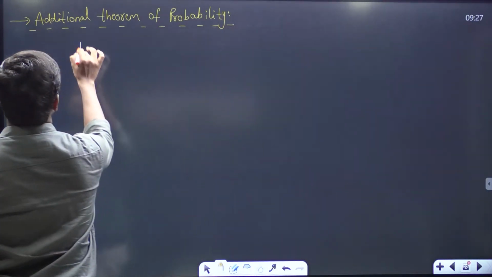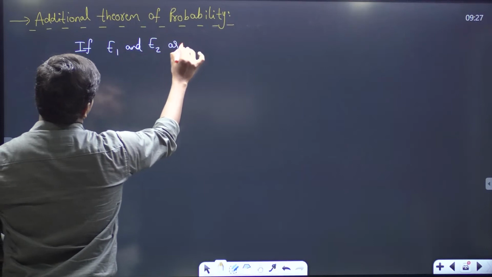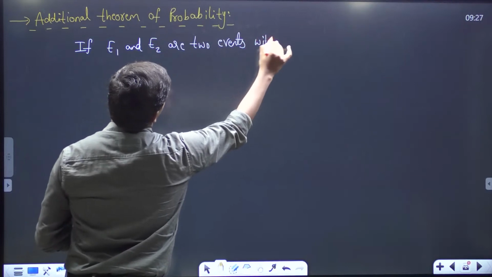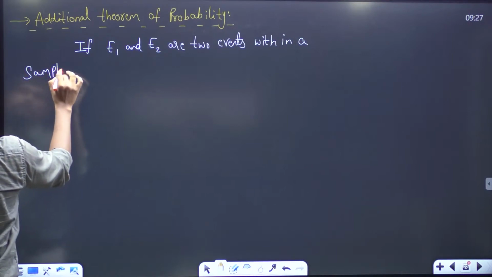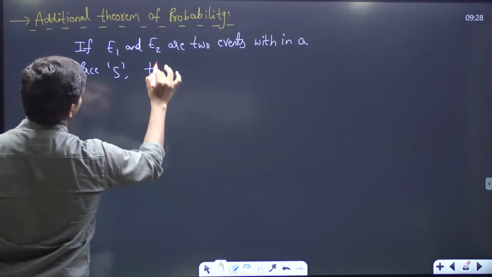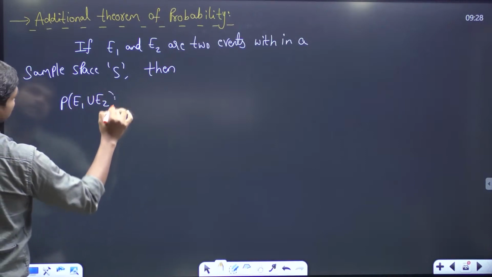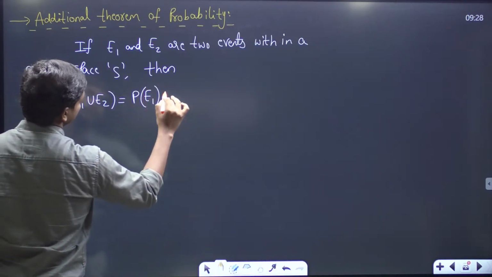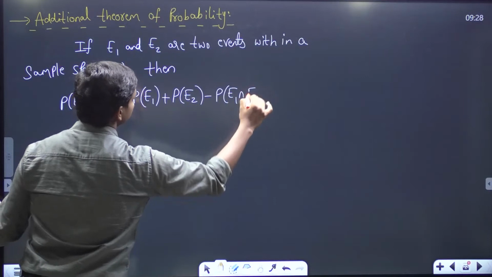So let us see. If E1 and E2 are two events within a sample space S, then P of E1 union E2 is equal to P of E1 plus P of E2 minus P of E1 intersection E2.